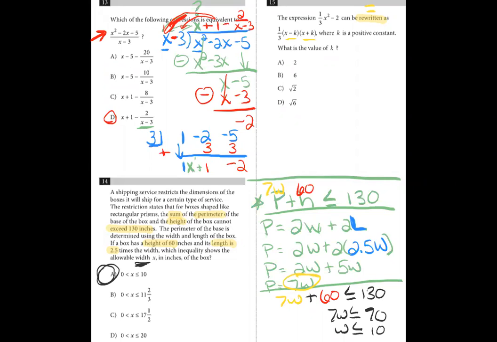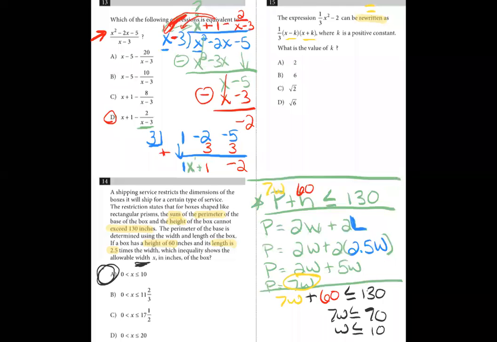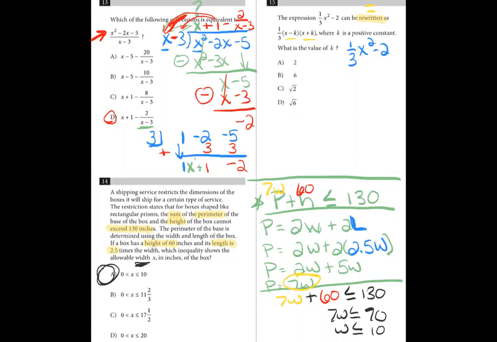Again, key is that that can be rewritten, so we know we can write those as being equal to each other. So I'm going to take the 1/3 x squared minus 2 and set it equal to the 1/3 x minus k times x plus k. We know k is a positive constant and we are solving for it. So if I clean up the right side, I'm going to go ahead and FOIL those two binomials.